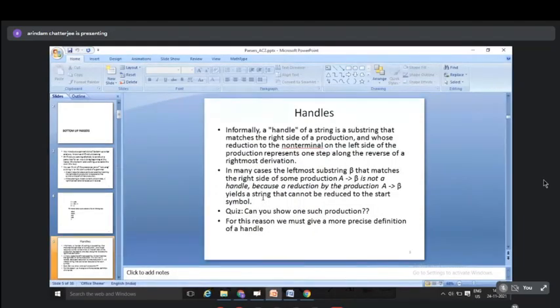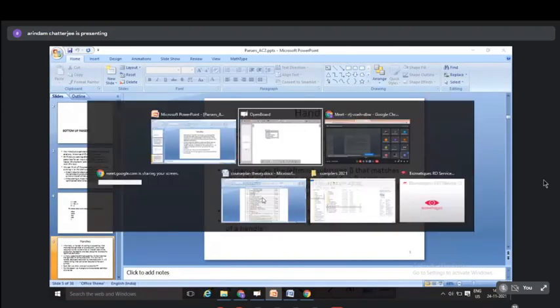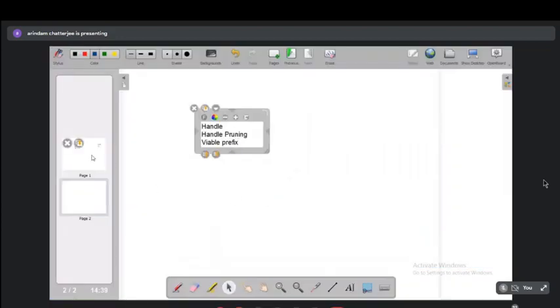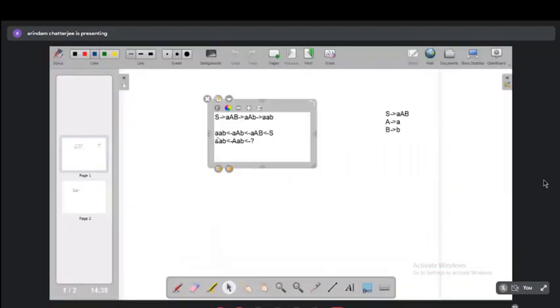What is a handle? A handle of a string is a substring that matches the right-hand side of a production. That is very easy to understand. Like here, you have AAB, then the second small a is chosen as the substring to be replaced by the left-hand side of a production rule.